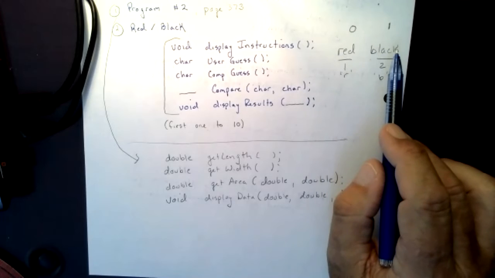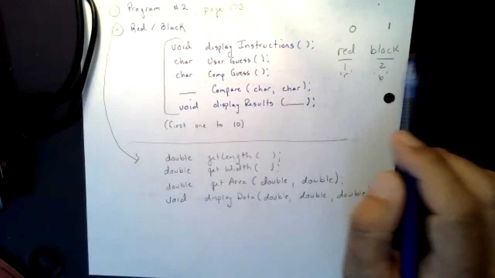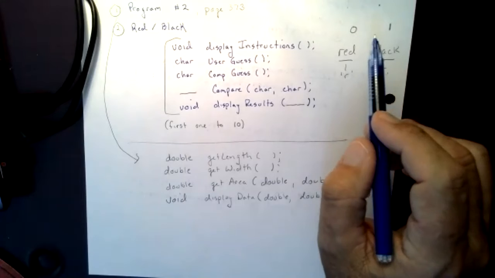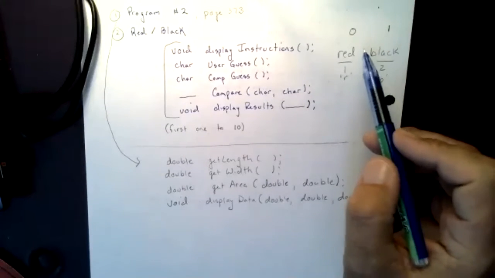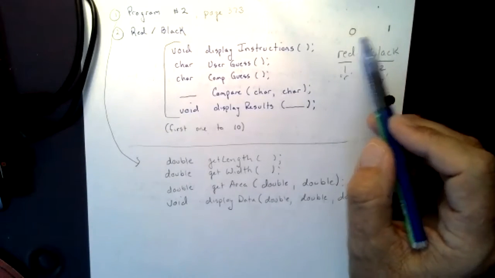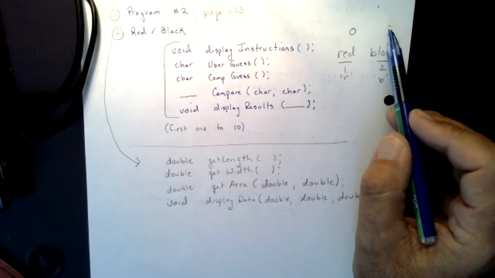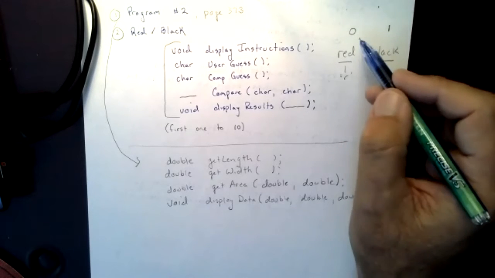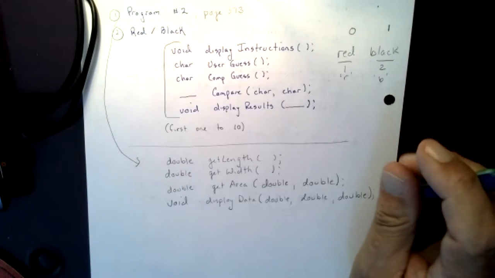If it doesn't match, you lose. It's almost like flipping a coin. Now, if the computer's picking, I'm going to use a random number generator. I'll generate 2, which gives me the number 0 or 1, and I've designated red as 0, 1 as black. I think that's kind of easy.